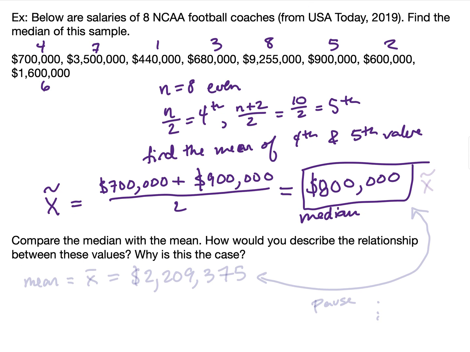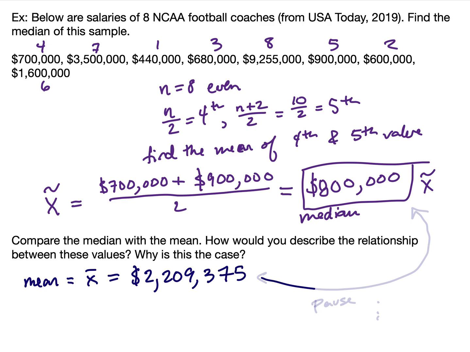Okay, so let's now compare this median, x tilde, that we just calculated with the mean, which we calculated previously. Previously we saw that the mean for the sample, x bar, was equal to 2,209,375.